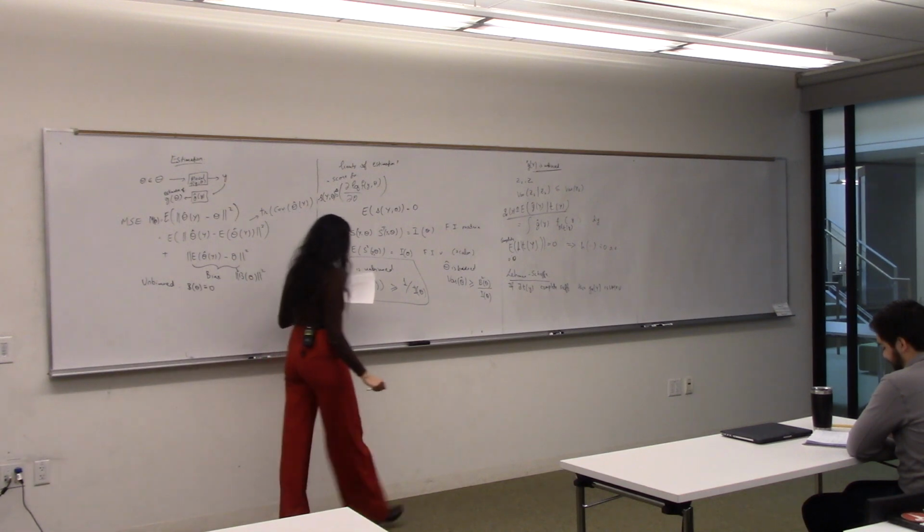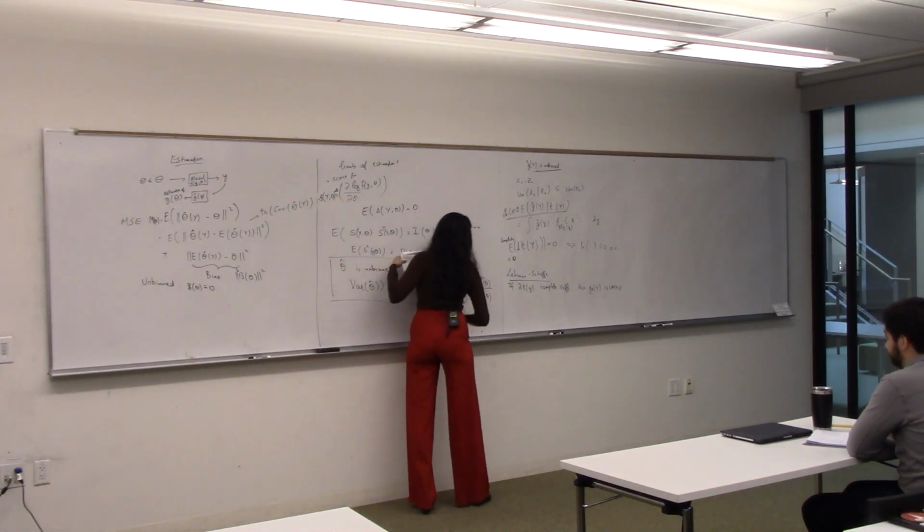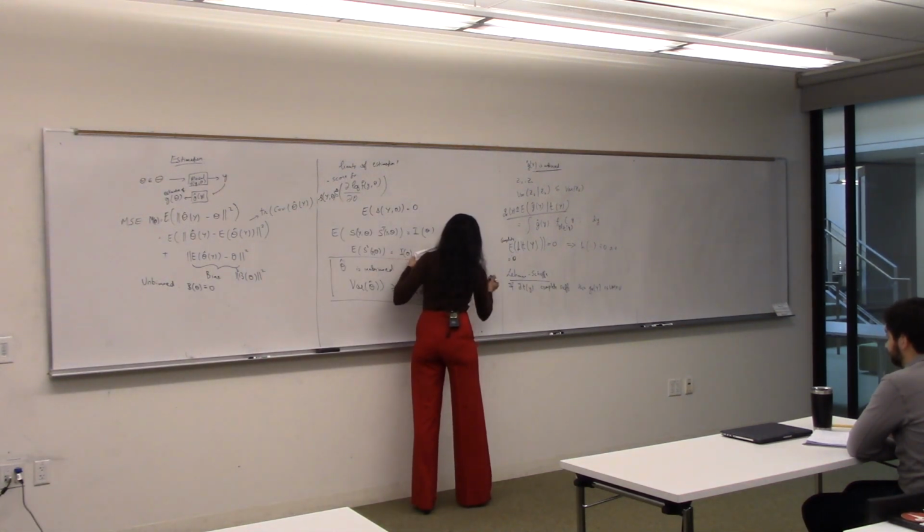Sorry, it's the derivative of that, not this directly. So I take the derivative of this and then I take its square.